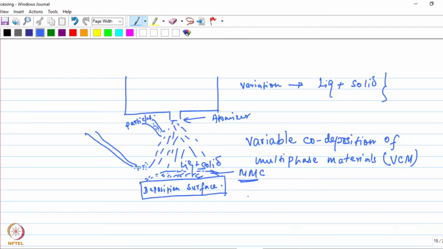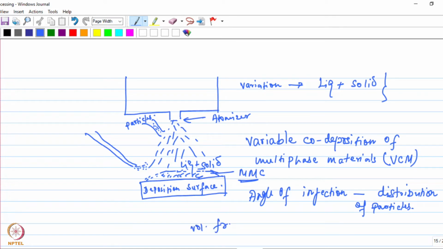Here one of the main process parameters that will control the volume fraction of the particulates which are added to the metal is the angle of injection, which has a significant influence on the distribution of the particles, and also the volume fraction of particles.